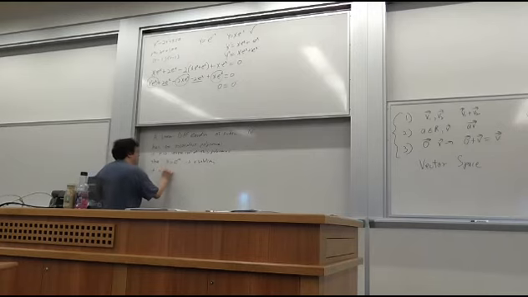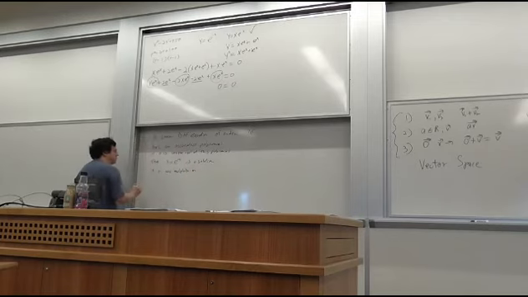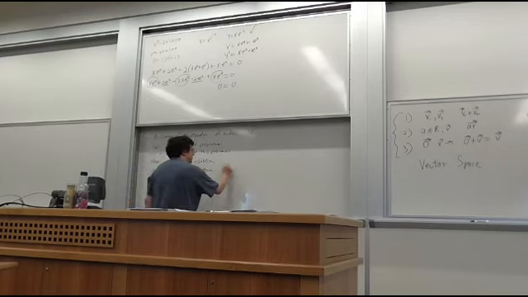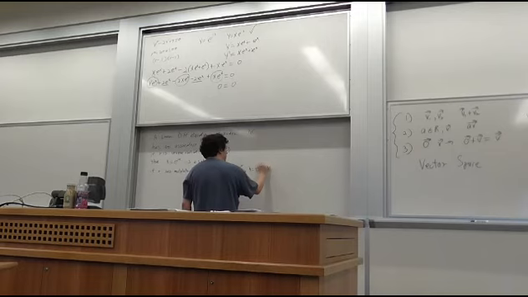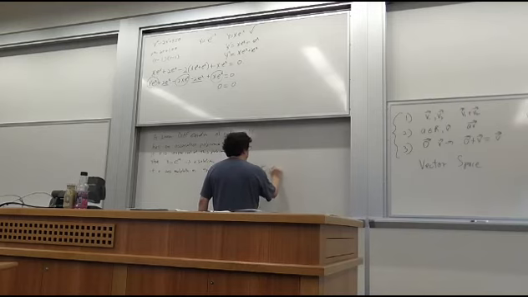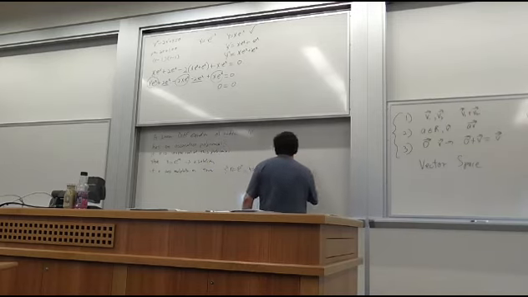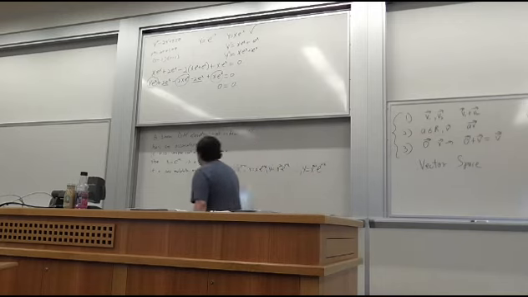If r has multiplicity m, then y equals e to the rx, y equals x e to the rx, y equals x squared e to the rx, all the way up to y equals x to the m minus 1 e to the rx are solutions.